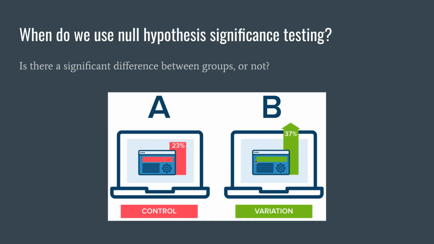Then how can we tell whether this group B had more purchase because of this change, or whether it's just a fluke? To tell that, you want to use null hypothesis significance testing.